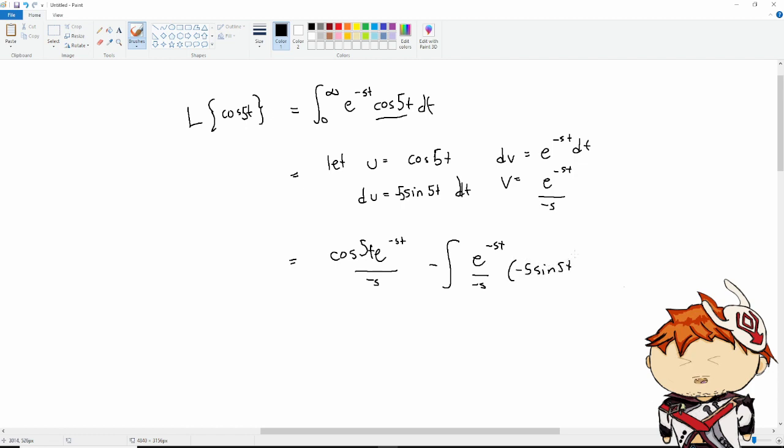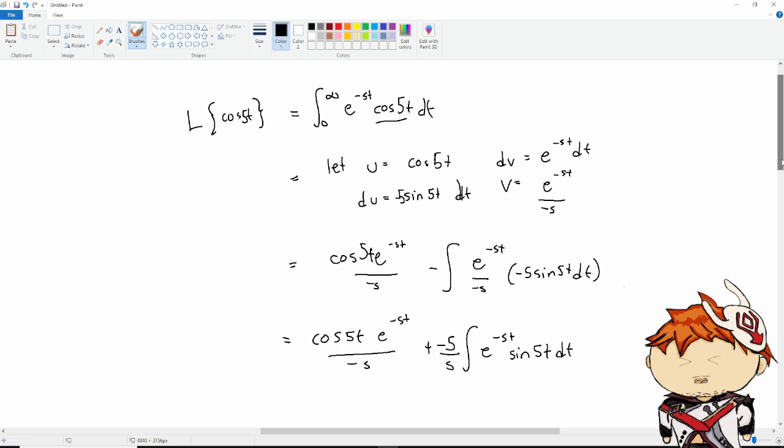Oh, it's not the same, because we're handling sine. So cosine 5t e to the negative st over negative s, plus negative 5 over s, integral of e to the negative st sine 5t dt.